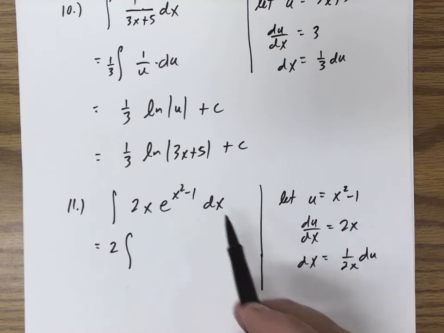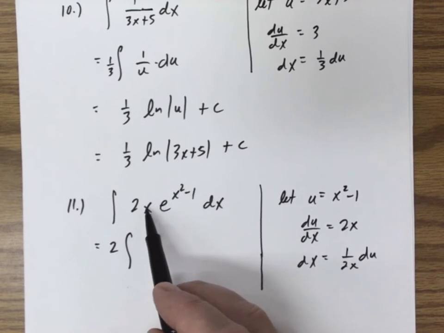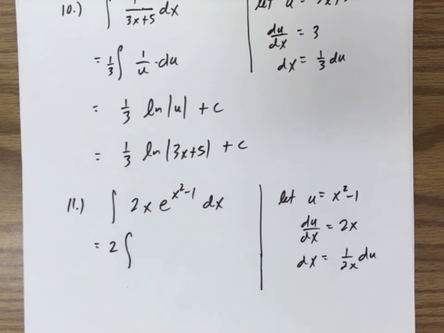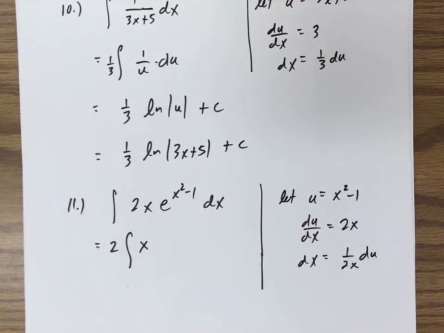I can get rid of the dx. Although I'm a little worried because the dx still has an x in it. But also the key thing is I've got this x here that I don't want any x's left, but I'm not sure what to do with it. Why don't we just for now let it tag along and then see if we can figure out later on how to get rid of that x.